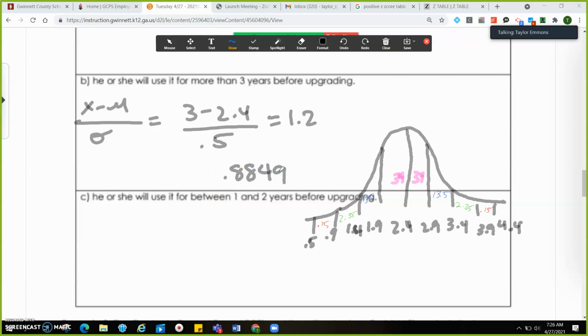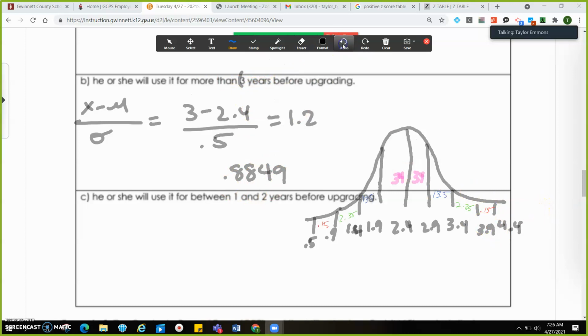0.8849. However, they said more than 3 years. With z-score tables, they always read left up to that number, so they essentially calculate everything to the left, which is why this percentage is so high. But we want more than 3 years, so we want the stuff on the right-hand side.